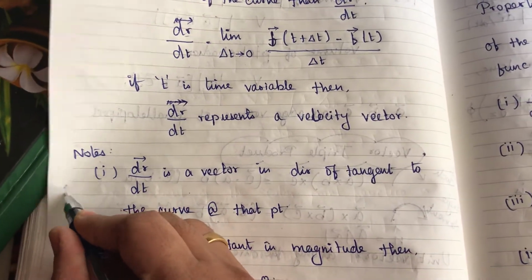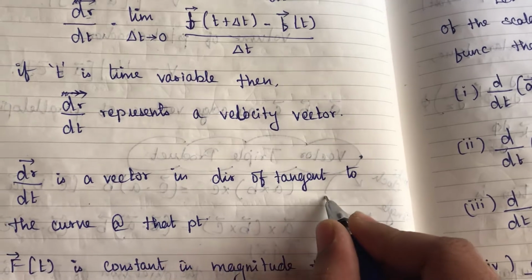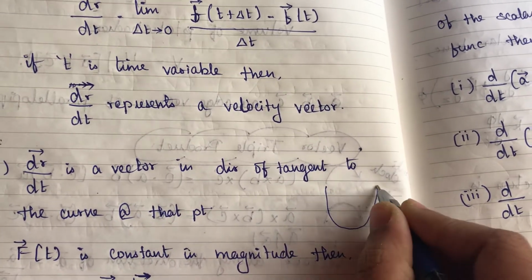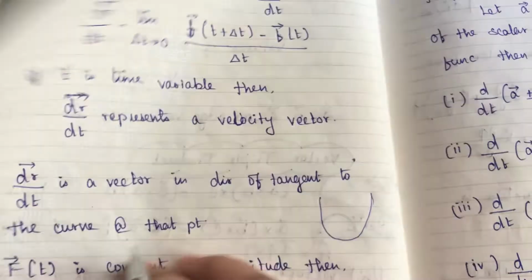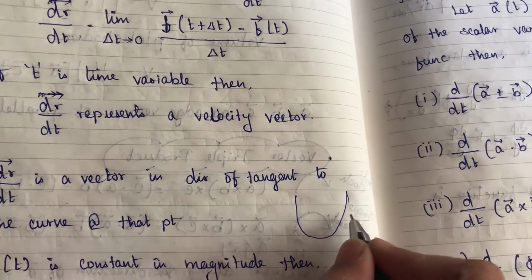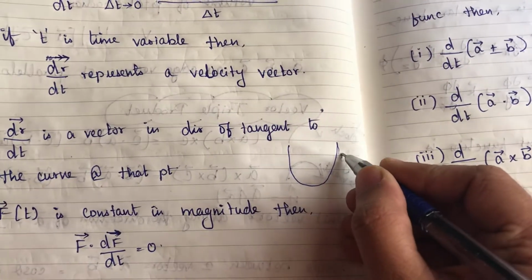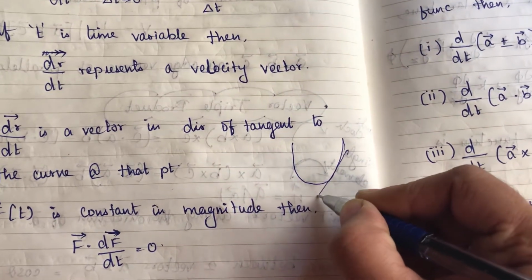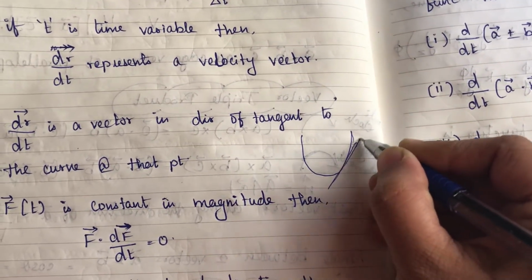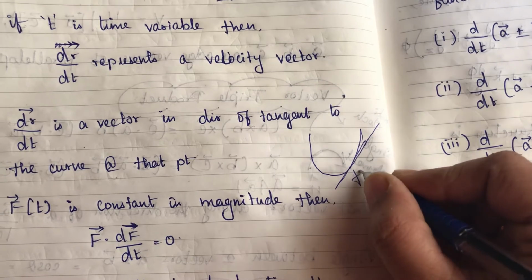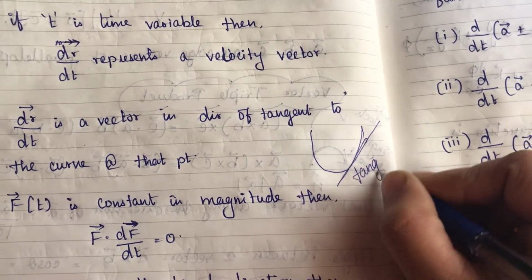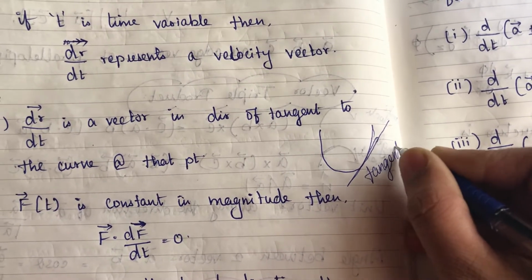If there is a curve, like a parabola, and a line touches the curve, this line is said to be the tangent line.